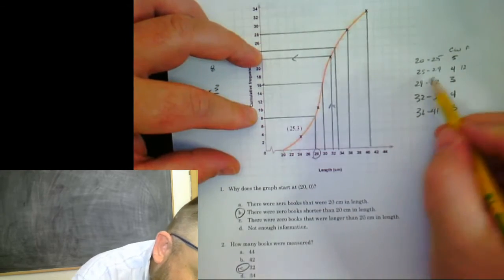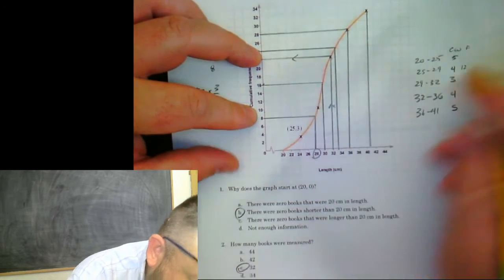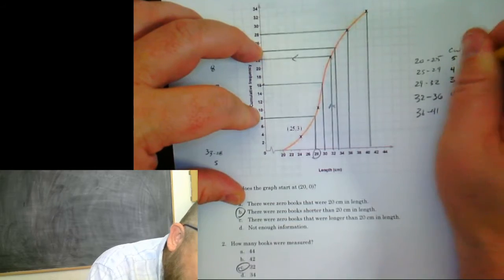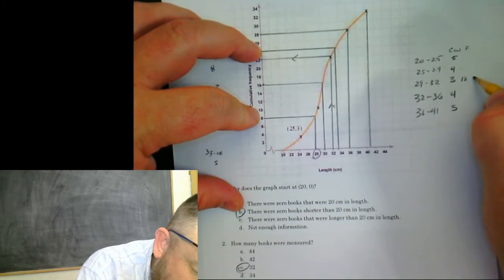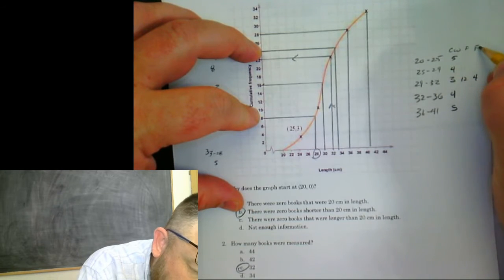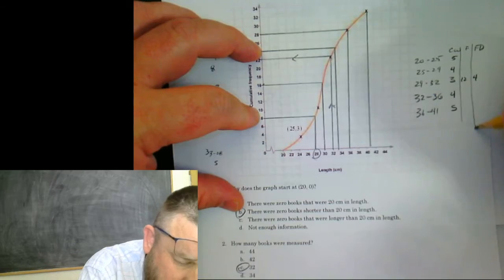Hold on, let me make sure I'm not doing something silly here. Oh, I got the wrong one. So our frequency here was 12, and that gives us a frequency density of 4.